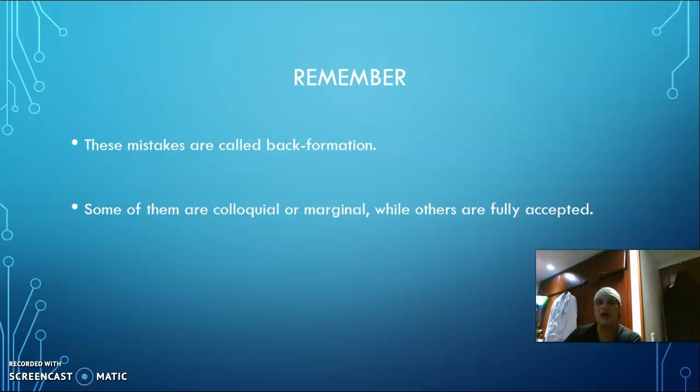These mistakes are back formation, and some of them are colloquial or marginal, while others are fully accepted.